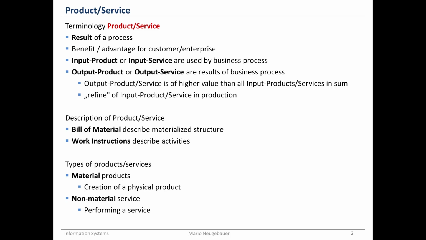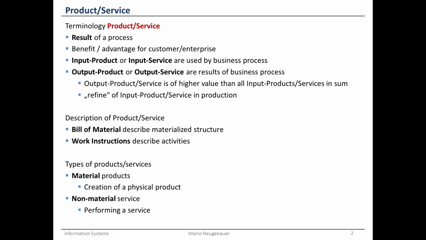On the input side, you have on the lower levels the material which you require for the production. In the upper part of the product or service view, you have the output products, the thing which you finally produce as the result of your business process. And this is actually the sum of all the different input products.